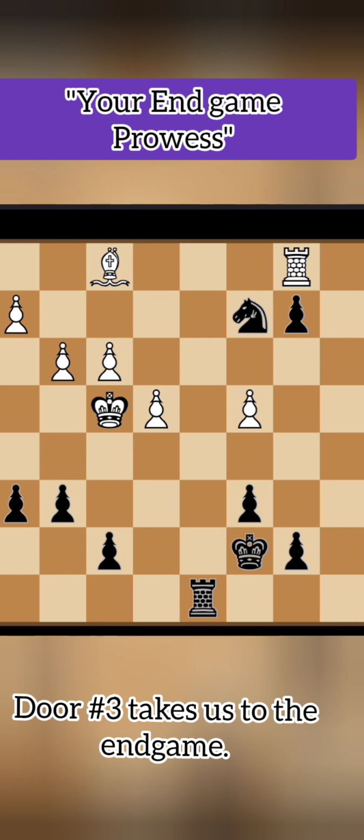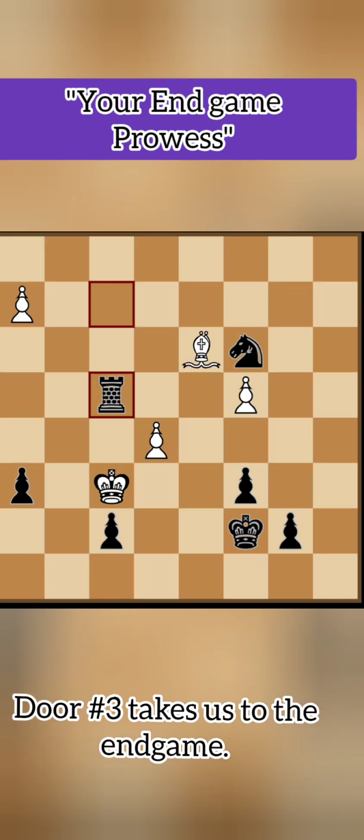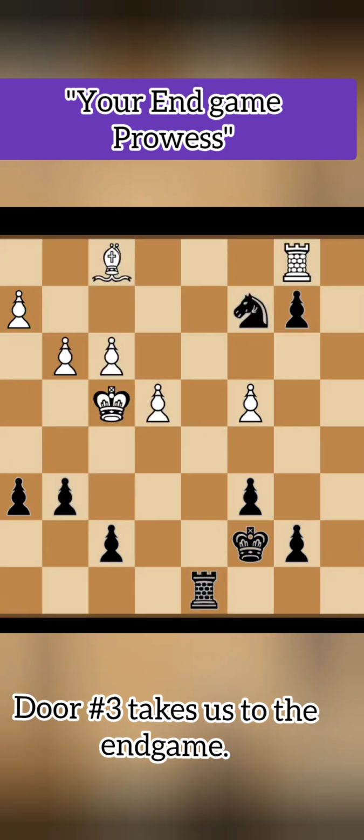Although theory tells us that bishops are better in open positions, this all depends on the relative placement, the active piece play. In this position, it is black to move and win. The first move is obvious. Pawn to g5 is a check.